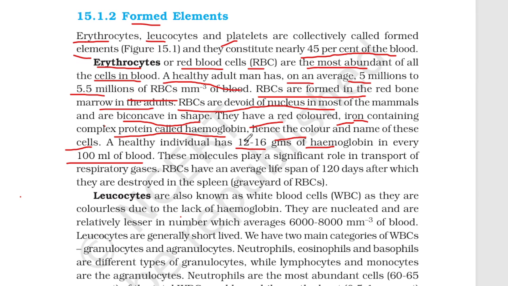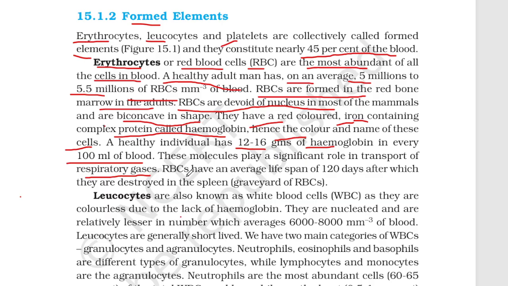Now these molecules play a significant role in the transport of respiratory gases. Which are these respiratory gases? Such as oxygen and carbon dioxide. Oxygen and carbon dioxide bind with hemoglobin, and then hemoglobin transports these respiratory gases all over the body.